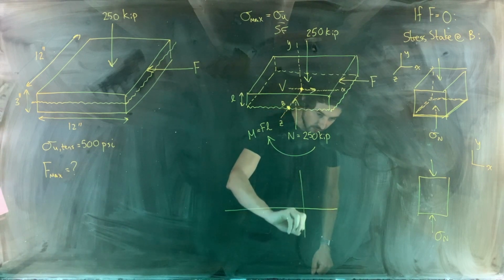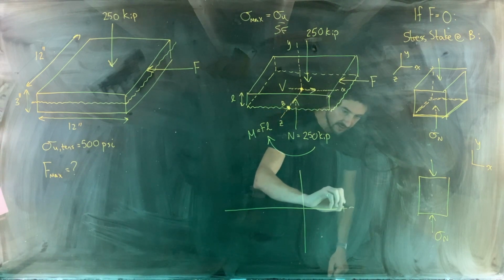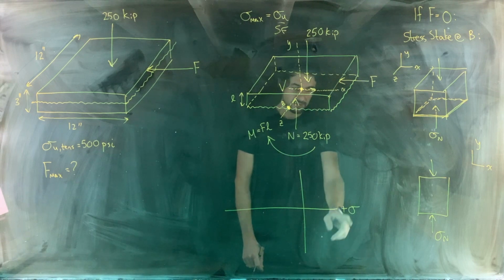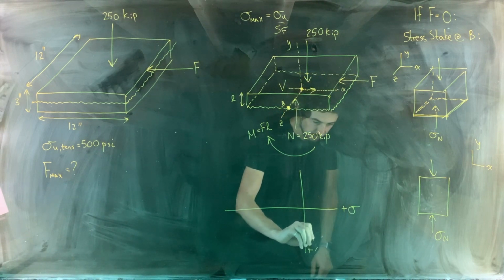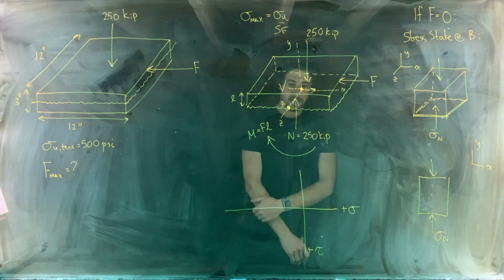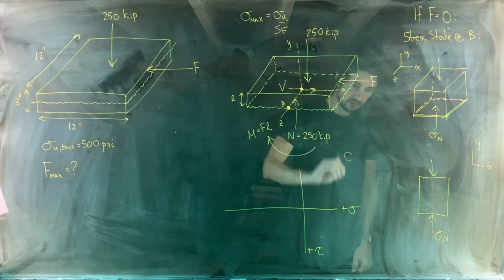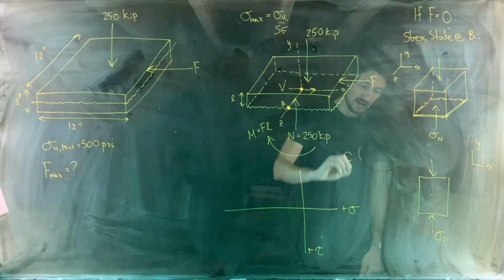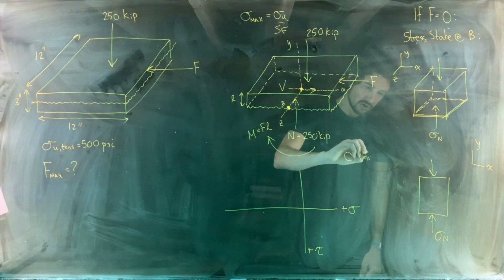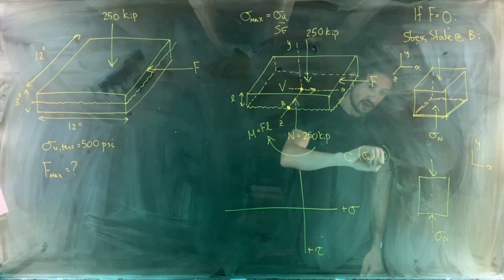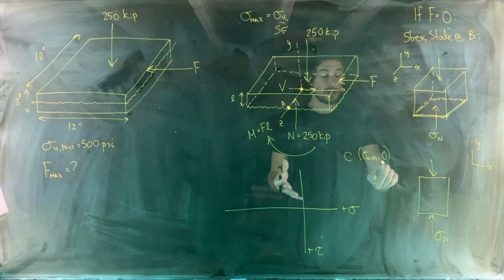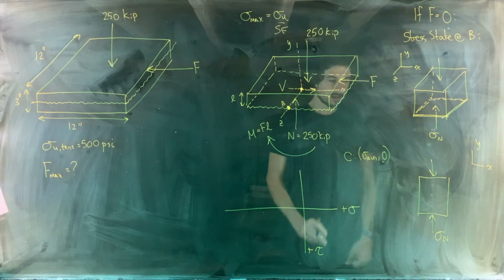So when we draw Mohr's circle, we draw positive normal stress acting towards the right and positive shear stress acting downwards. The center of our circle is given by what? The average normal stress, comma 0, because the center of the circle always lies on the horizontal axis.